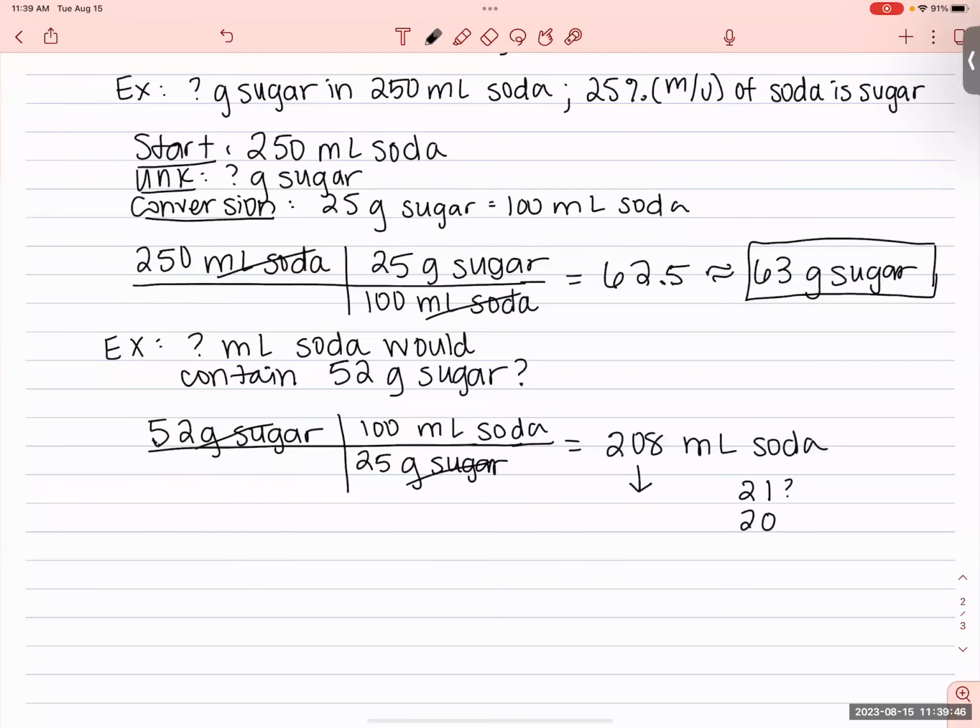What about 20 with a decimal after? 208, just leaving it like that. 21 and 20 are not the same value as 208, so we can't round that way. You also can't leave it 208 because we need two significant figures, one from the 25% and two significant figures from your starting place here.